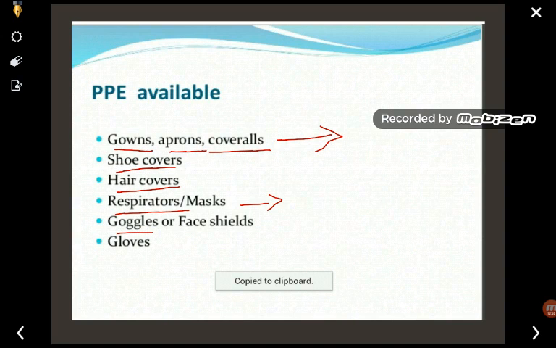Next, goggles in order to protect the eyes. Face shield should be worn where there is liberation of fumes, gases, etc. So here face shield as well as goggles can be worn. Next are the gloves. So these are the different equipments which should be worn at the workplace.